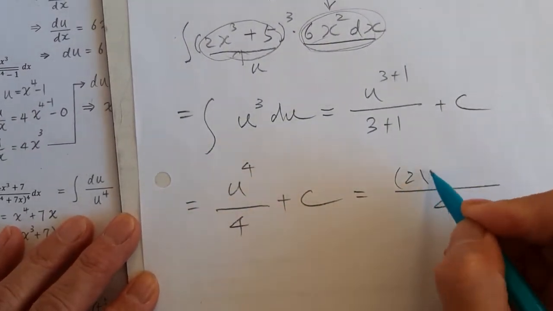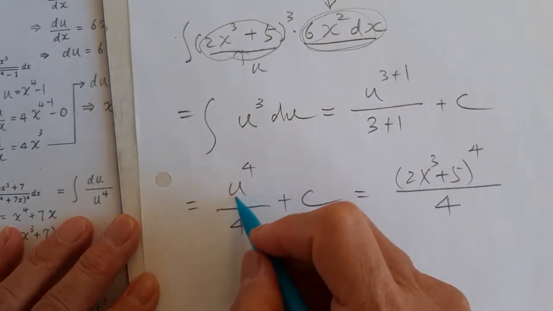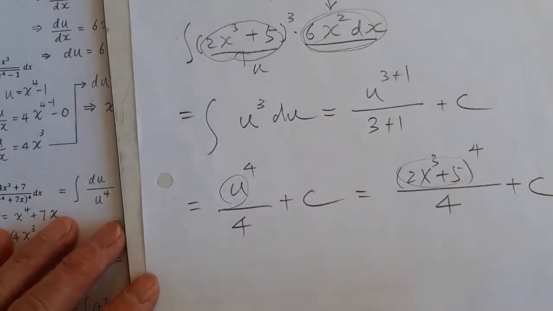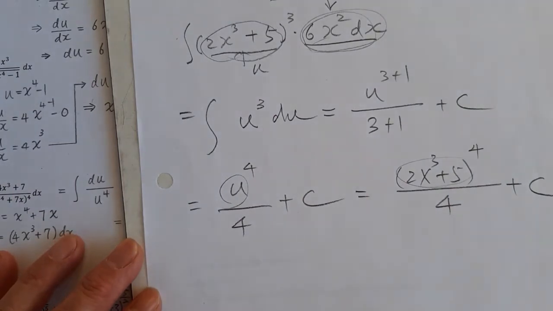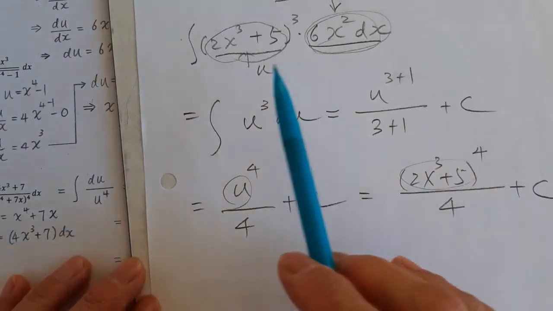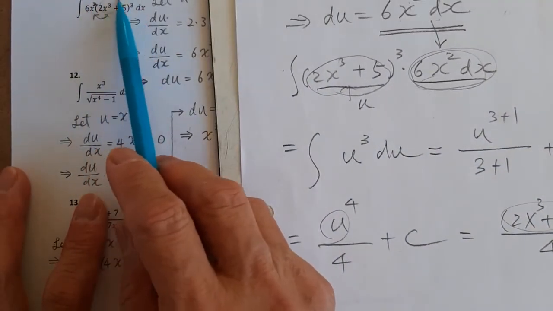Substitute back in, plus c. That is the answer. You can take the derivative to check it. If you take the derivative, it's going to go back to the original problem.